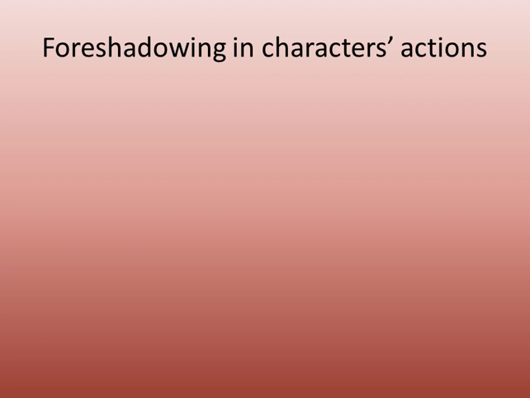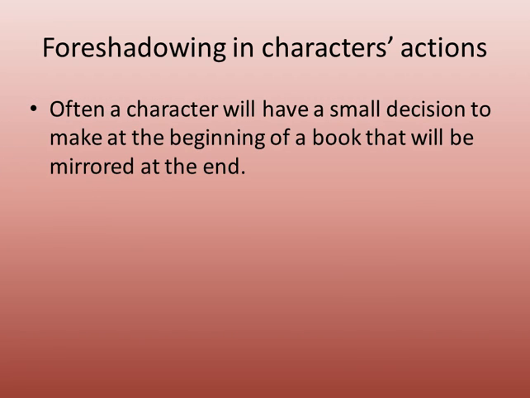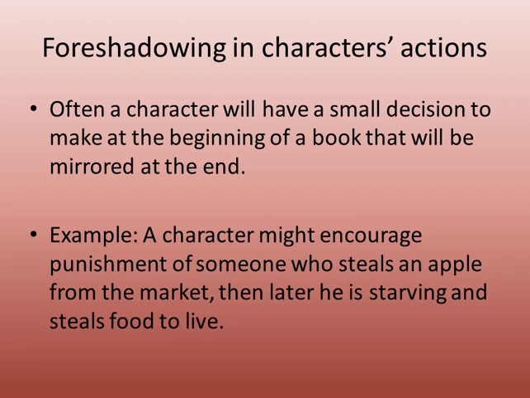Foreshadowing can also be done in characters' actions. For example, a character may have a small decision to make at the beginning of the book that will be mirrored at the end of the book. Here's an example. A character might encourage punishment of someone who steals an apple from the market at the beginning of the book.